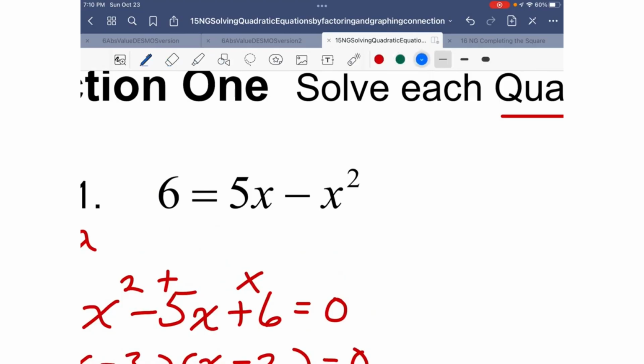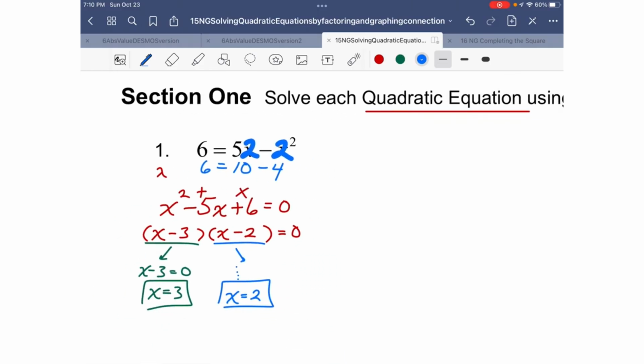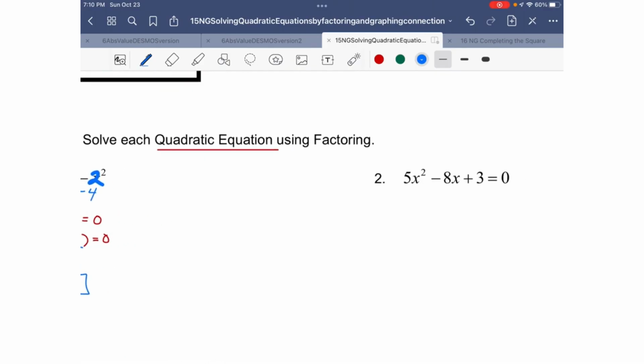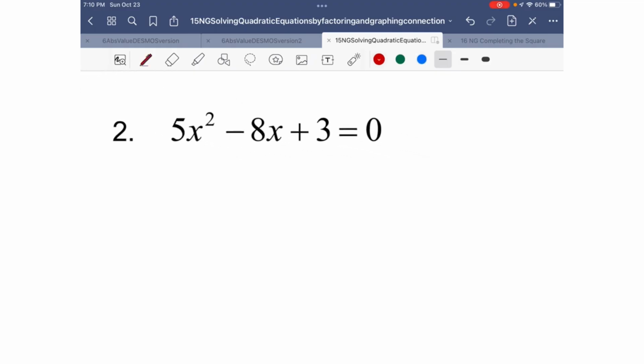I could plug in 2. My other answer was 2. If I plug that in for both x's, it's going to give me 10, 4 minus 4, and by golly, that does equal 6. So the method that we're going over here 100% works. We just got to be ready to use it. It's a method to solve a quadratic equation.